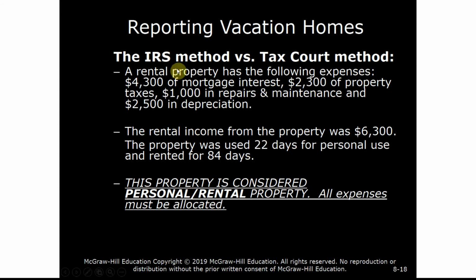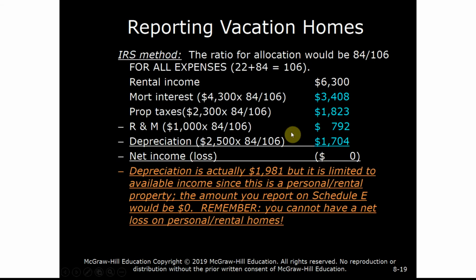So I'm not going to go through another example. I don't think this is in your PowerPoint slides. But again, it's just a way of allocating these shared costs between personal and rental using both the IRS method and the tax court method, which I just demonstrated. And so if you want to run through another example, these are listed in the PowerPoints. IRS method, pretty straightforward.